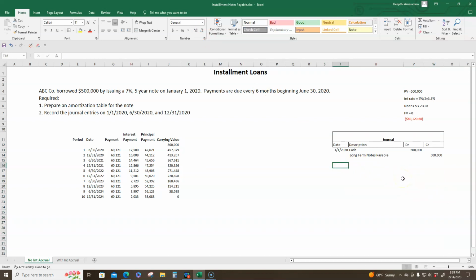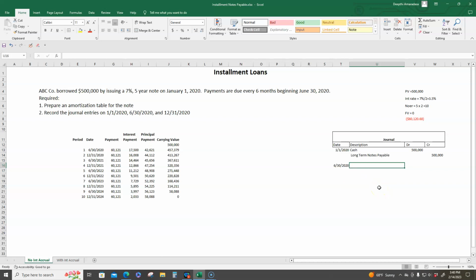The second journal entry occurs on June 30th when you make that first payment. So that's June 30th, 2020. Let's see what we're doing. We know that we are paying cash, we have an interest expense, and then we're decreasing the amount of the note.